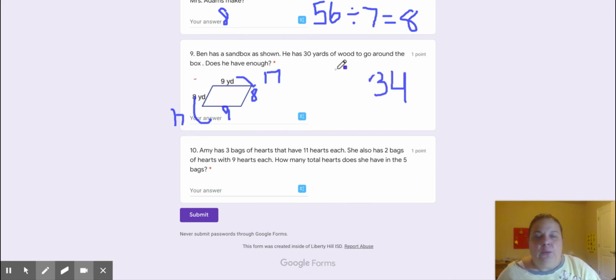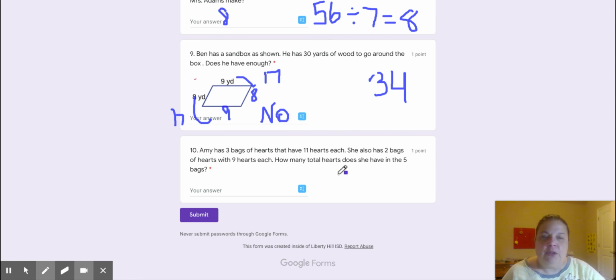So Ben would actually need 34 yards of wood to go around this space. He only has 30. So the answer here should have been no, he does not have enough. If you got 34, that is the right number, but the question was asking if he had enough wood already with the 30 yards that he had. So no, he does not have enough. That might have been a little tricky for some of you.